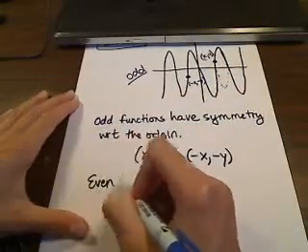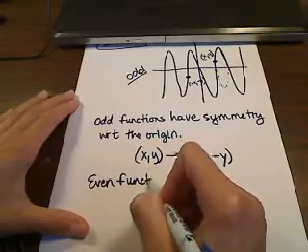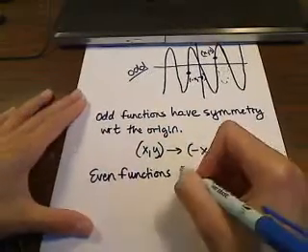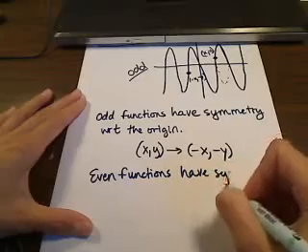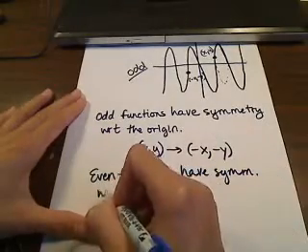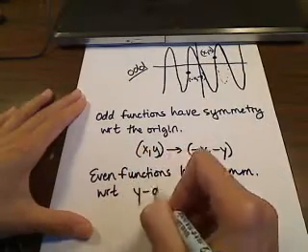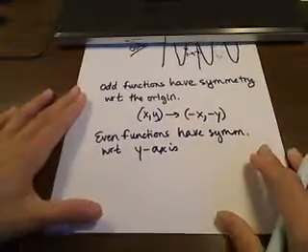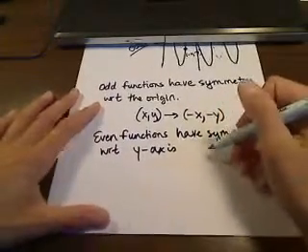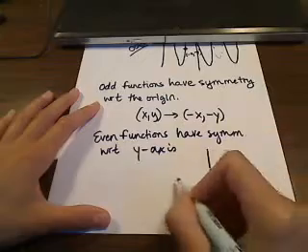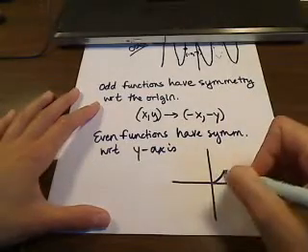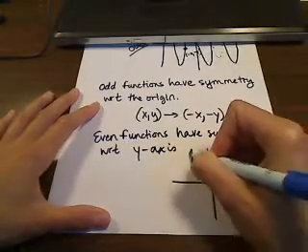Even functions have symmetry with respect to the y-axis. Something like a parabola is a good example of something that is even.